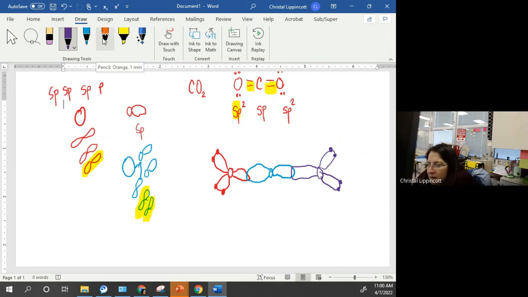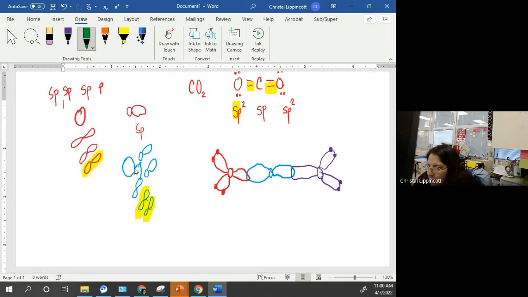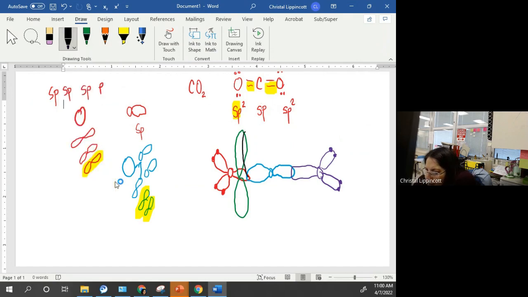My pi bonds then are going to be coming in. I have to have p orbitals for those. Okay. So I've got a pi from this guy coming in. And remember, these are p orbitals. So they're going to be like here. And then I'm going to have another pi coming in from the carbon here. And they are going to be side to side.